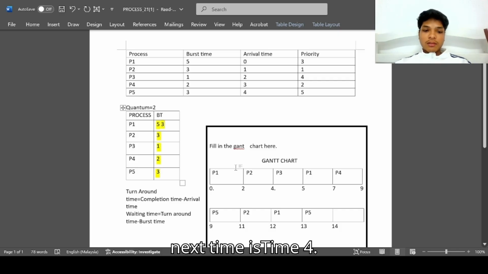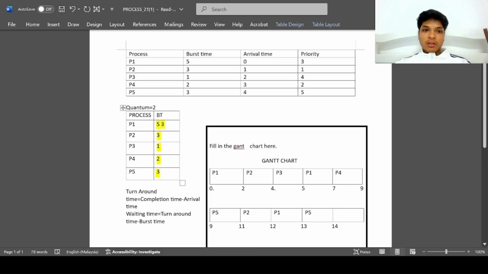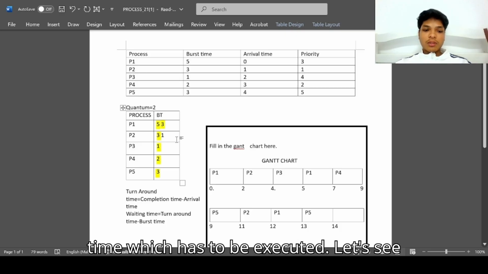The next time is time 4. So what is the remaining burst time of P2? The total burst time of P2 is 3 and it has executed for 2 units, so there is a remaining 1 unit, which has to be executed later.